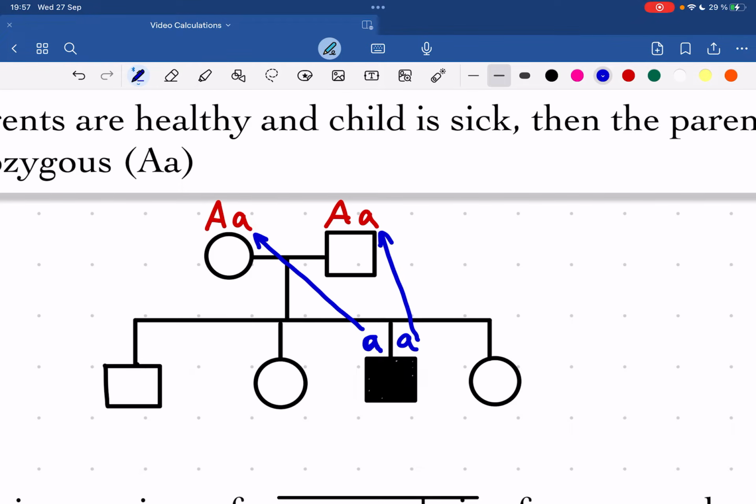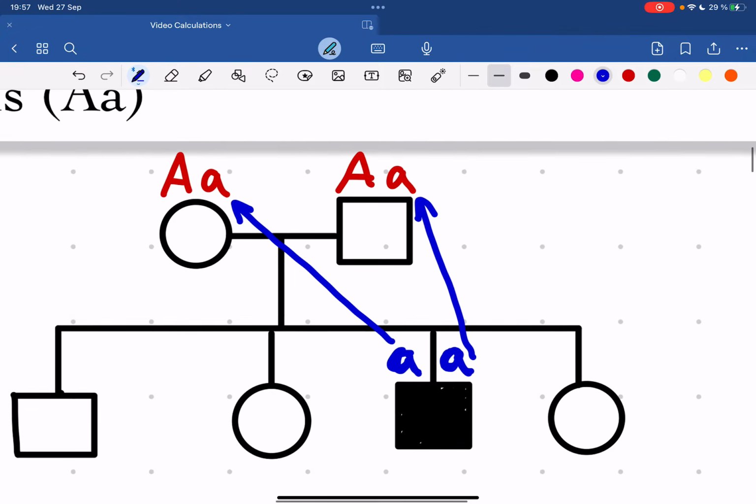This child cannot have this phenotype unless the parents have this type of allele. And these parents are also healthy, meaning that in order for them to be healthy, they have to have a dominant allele, this big A. But in order for their child to be sick, they also have to be carrying this recessive allele to give it to their child. So that's kind of how this works.